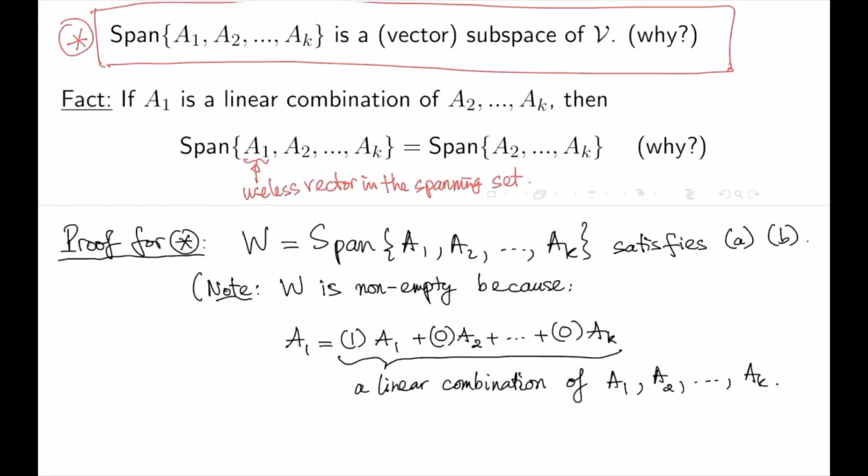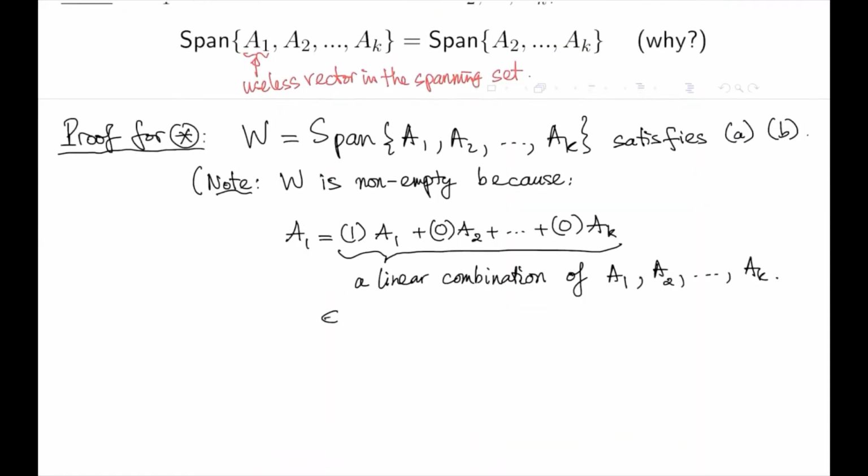And if it is a linear combination of the k vectors that we were given, it has to be in the span of the k vectors by the definition of the span.